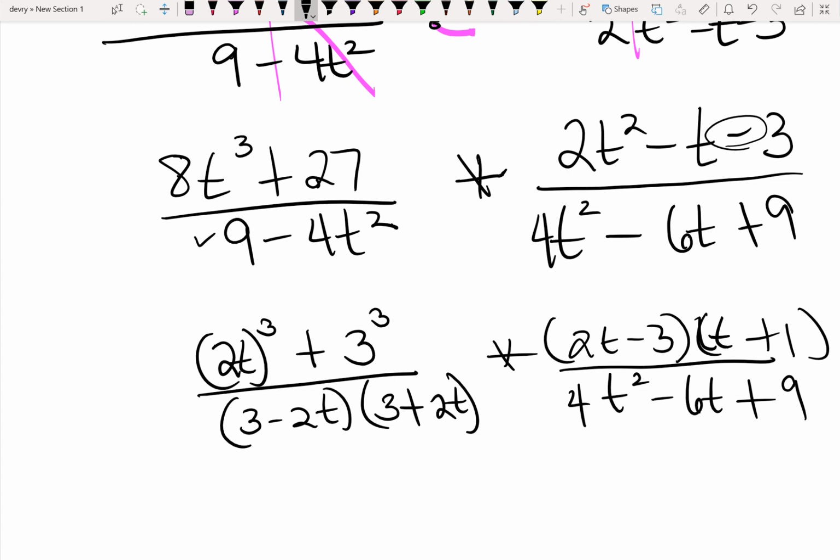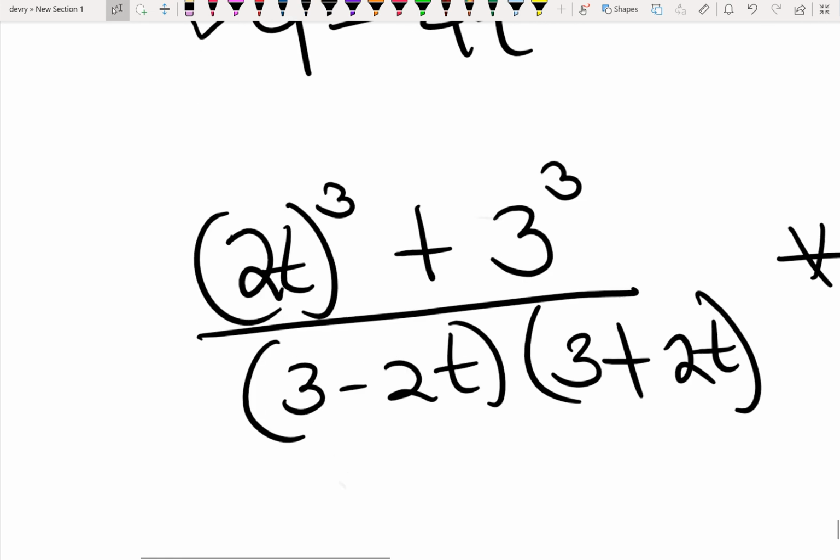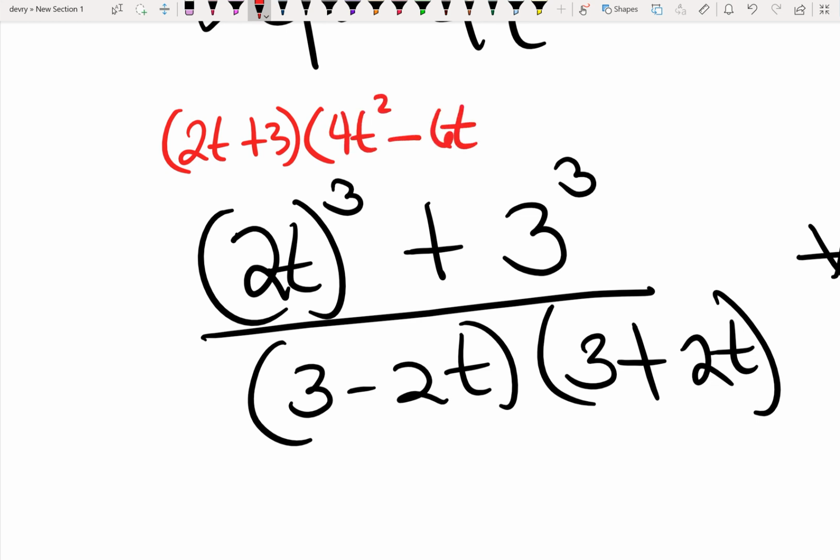Now this is the one that I left for last. So understand that this is this trinomial. So let me focus on just the top. This trinomial is really 2t plus 3 parentheses, this is becoming 4t squared minus 6t plus 9. Okay, so now this is taken care of.